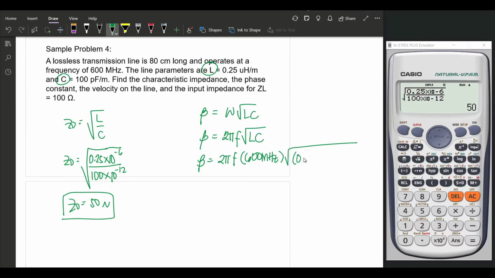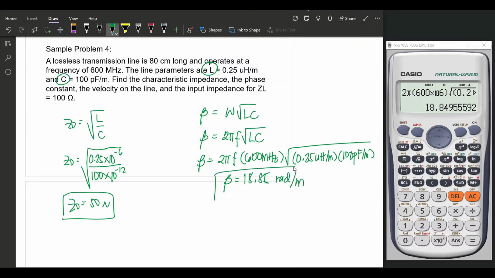And then square root of LC, so 0.25 micro, and then 100 pico. So 6 pi or 18.85. If ginamit itong formula, so the unit will be rad per meter. So initial degrees per meter. Okay.